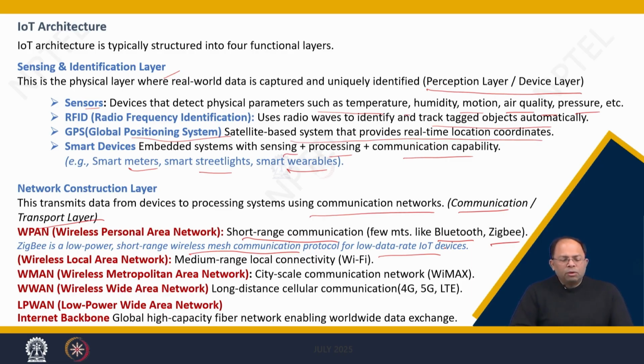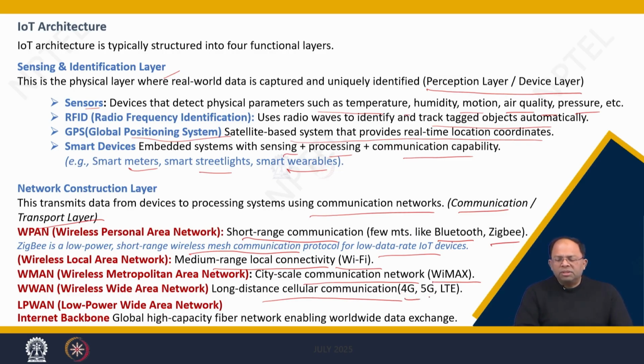Then there is the wireless local area network, which is nothing but Wi-Fi. We all use it every day, and this is for medium range local connectivity. Then there is WMAN, the wireless metropolitan area network, which is city scale communication similar to Wi-Fi, also known as WiMAX. Then there is WWAN, the wireless wide area network, which refers to long distance cellular communication using our SIM cards and mobile phones.